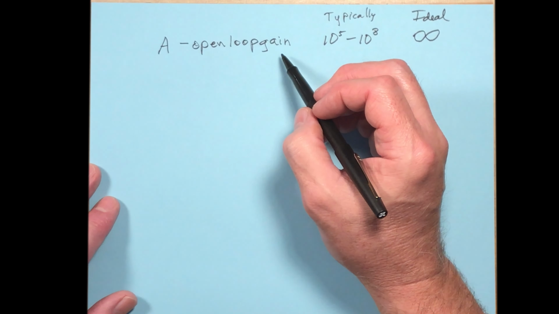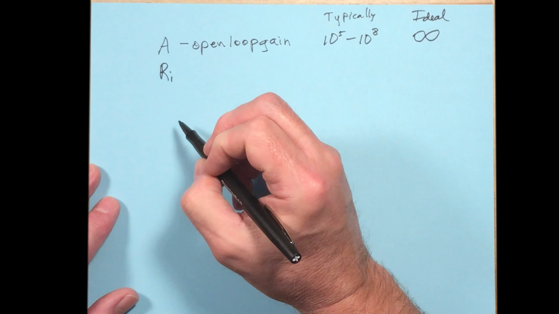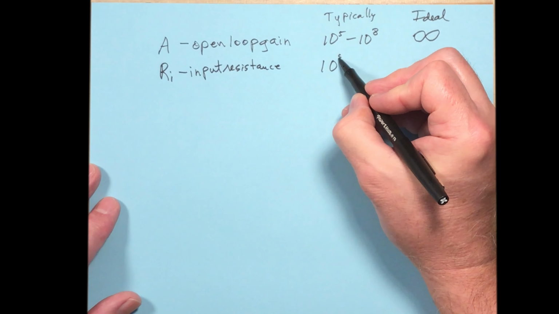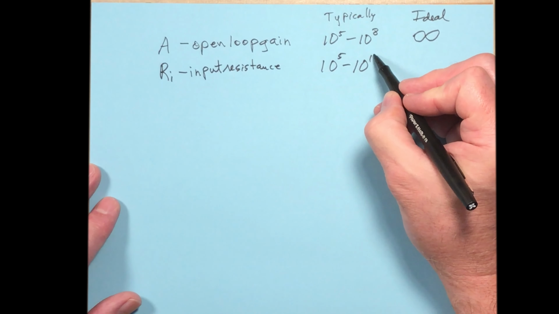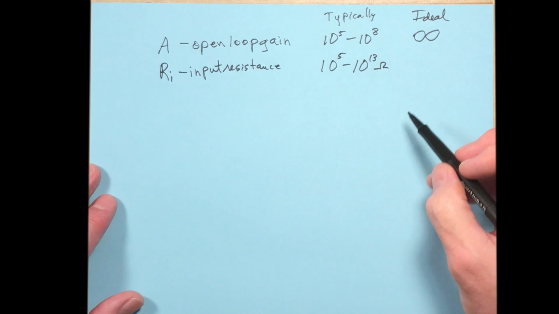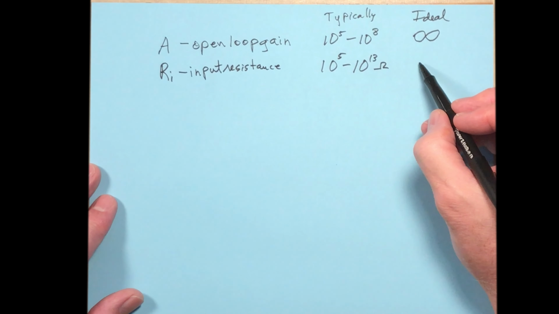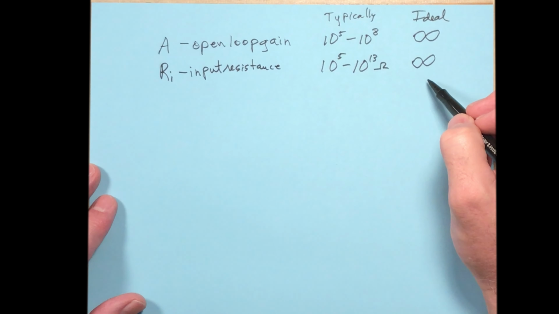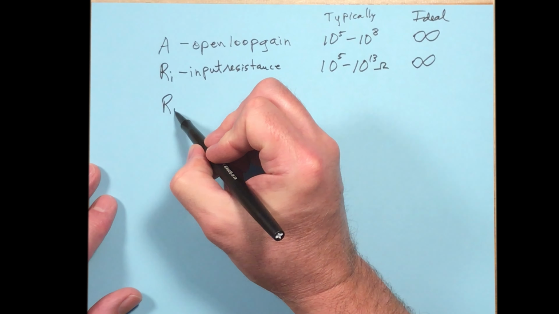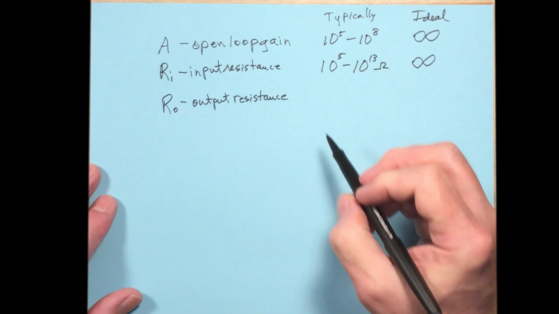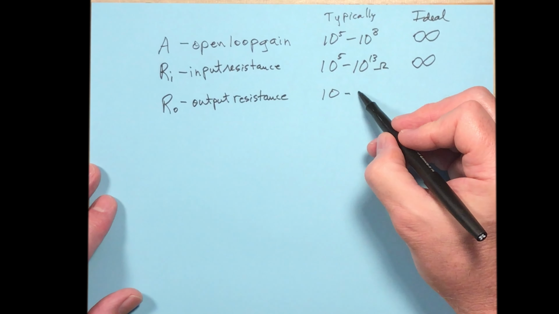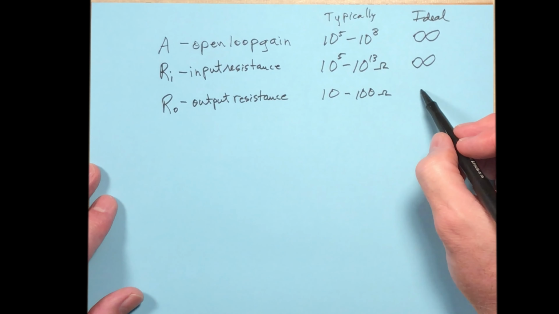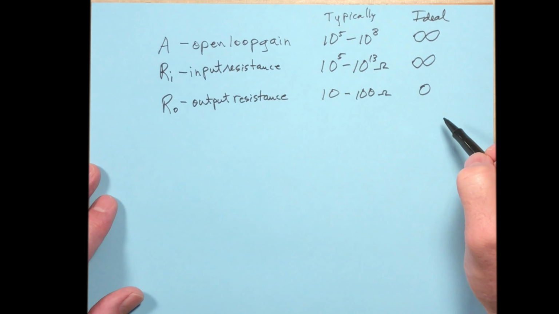Now there is some input resistance, let's call that R sub I, that typically has a range of 10 to the 5th to 10 to the 13th ohms. But an idealized input resistance is also going to be very large, so we'll idealize it as saying that it's infinite. Now there is an output resistance as well, and typically that has values between 10 and 100 ohms. Well, idealized, we would want that value to be very small, so idealized, we'll call that 0.